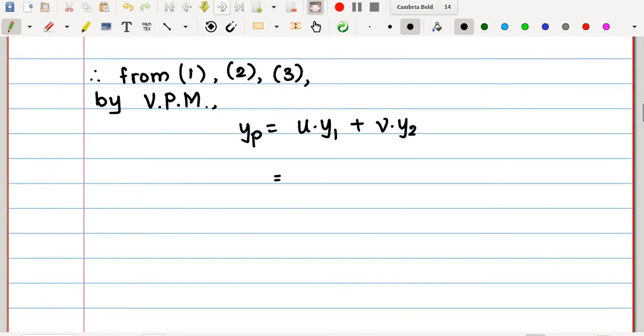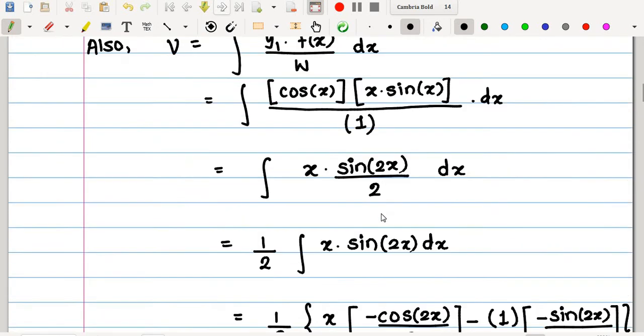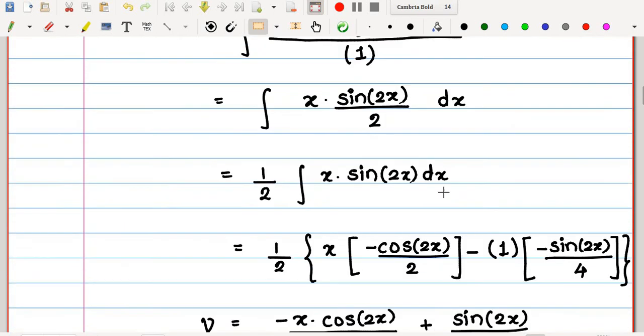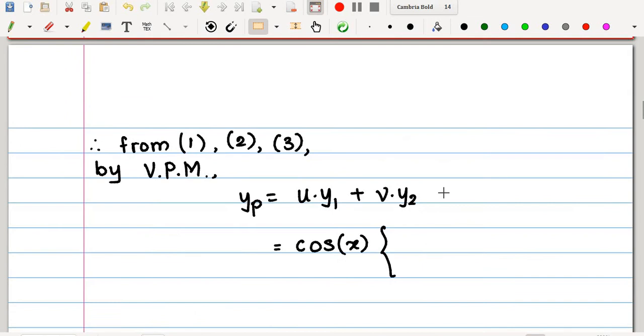Now we take the value for u. So y1 is cos x into, now we take the value for u from equation number 2. So instead of writing it again, I will take this part only. So we substitute that value here.